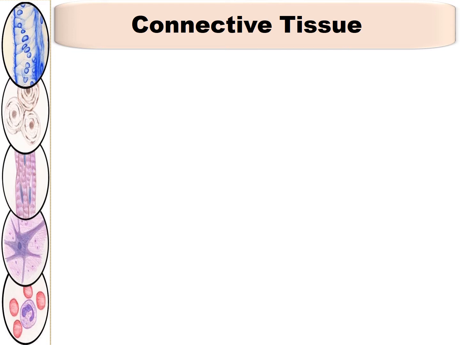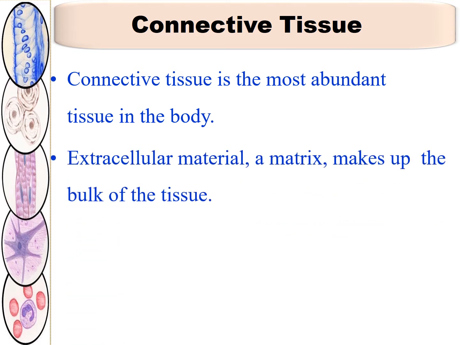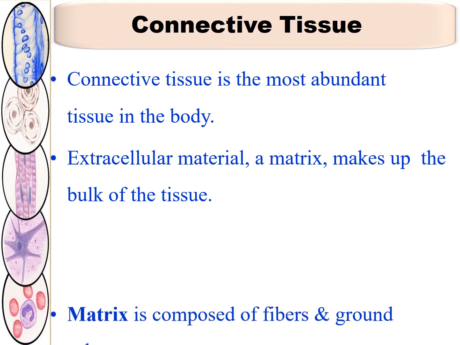Before studying in detail the connective tissues, let us go through some important points. The connective tissue is the most abundant tissue in the body. The extracellular material of the connective tissue, that is the matrix, makes up the bulk of the tissue.